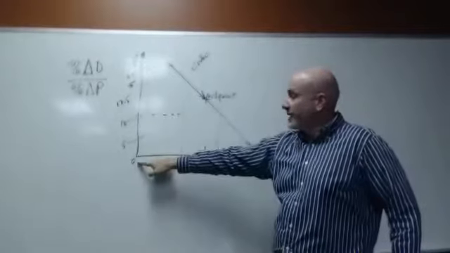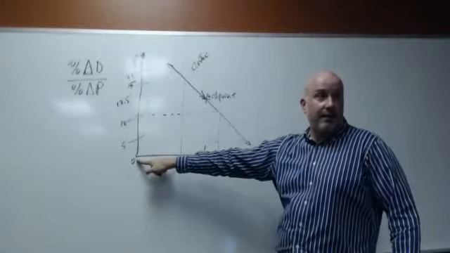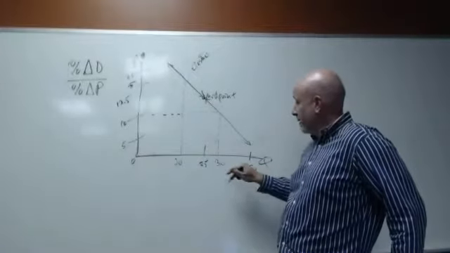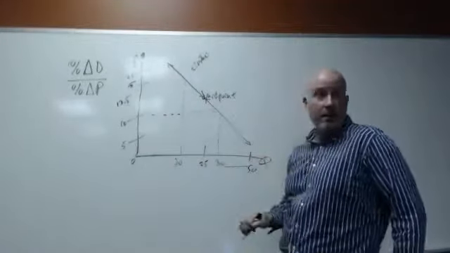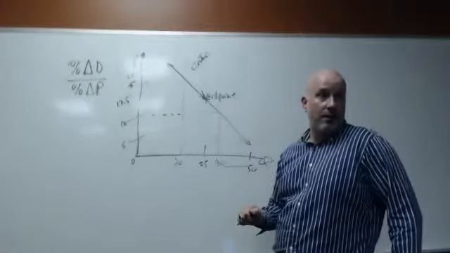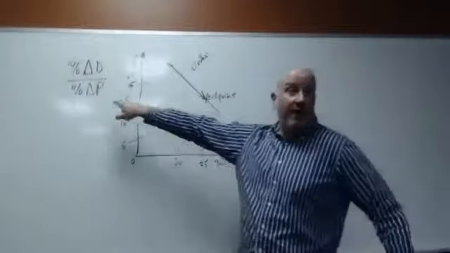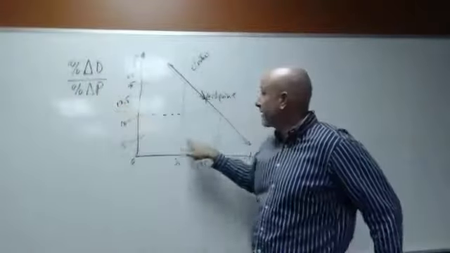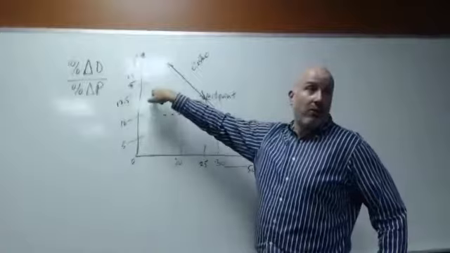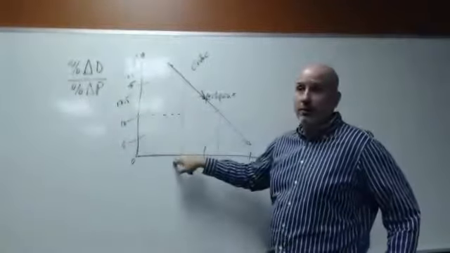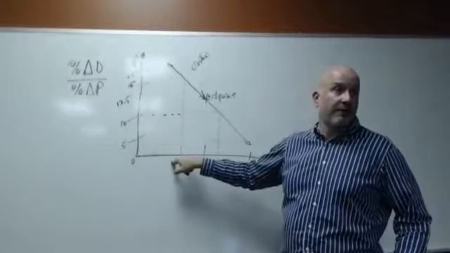Now, if I lower the price to 0, how much is being demanded? 50. Okay, now remember, I could apply this formula here, and I could solve for price elasticity of demand using these two examples of changes in price.